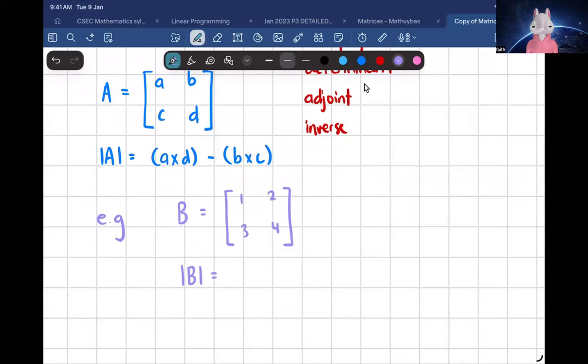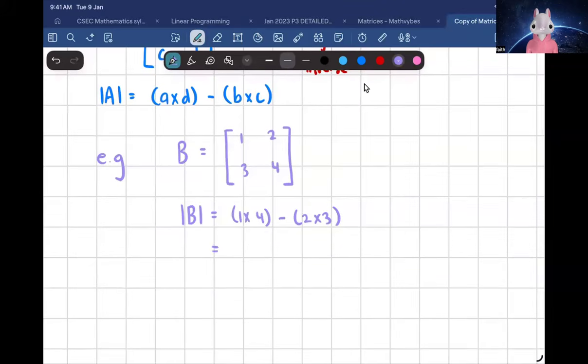It will be 1 multiplied by 4, take away 2 multiplied by 3. 1 by 4 is 4, right? 2 by 3 is 6. 4 minus 6 is -2. Right, -2.